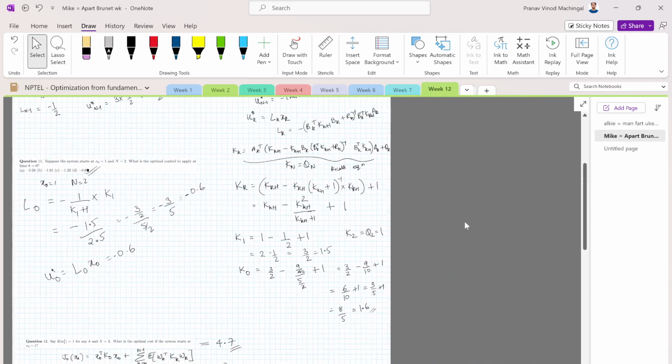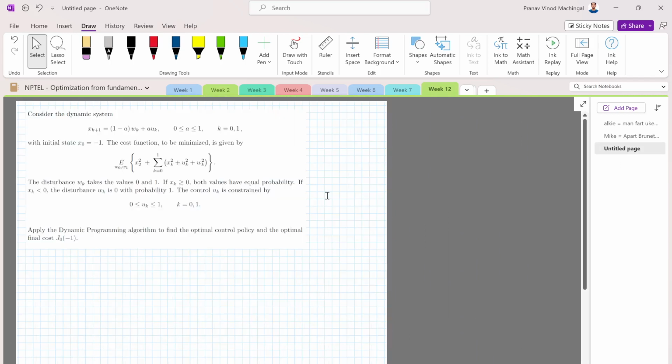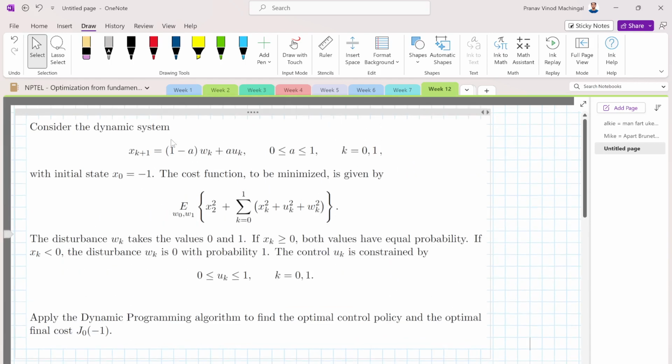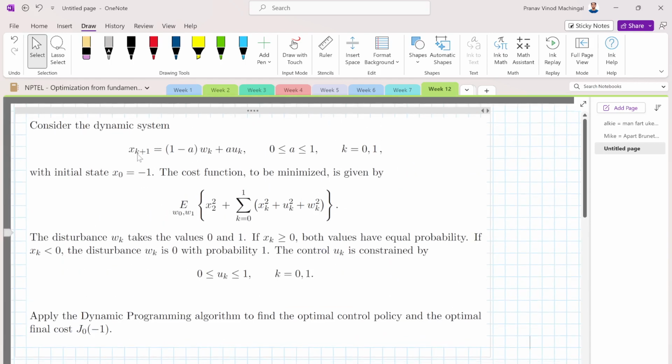Okay, so I'll discuss one more question. So we have this dynamical system, x(k+1) equal to wk plus a uk. Initial state is x0 equal to minus 1.